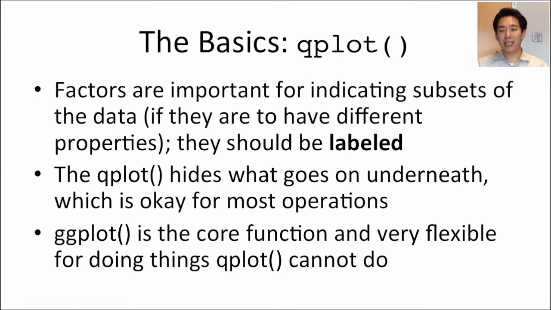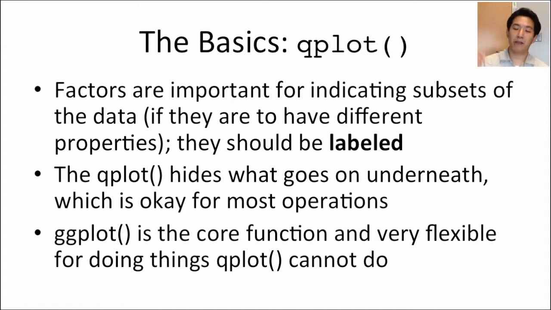One aspect that's important for the qplot function, and similarly important when you're using lattice functions, is the idea of using factor variables. Factors are very important because they indicate subsets of your data. If you imagine you have a data frame where you have a y variable, an x variable, and then a factor variable, the factor will indicate subsets of your data in the data frame.